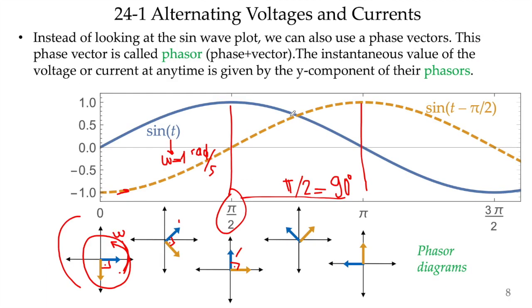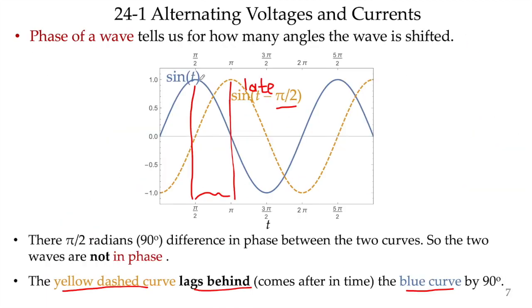Let me go back. When there's a phase difference, they look like this. They don't become maximum or minimum at the same time. They peak at different times, right? But when you make this number 0, they will be the same waves on top of each other. So there will be 0 phase, right?